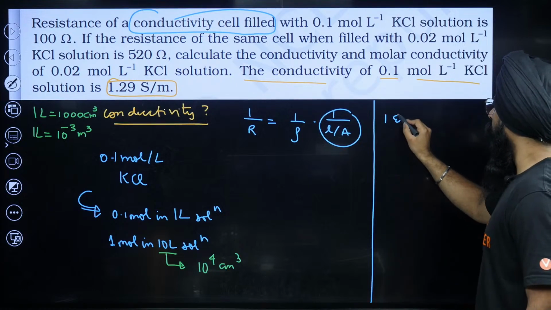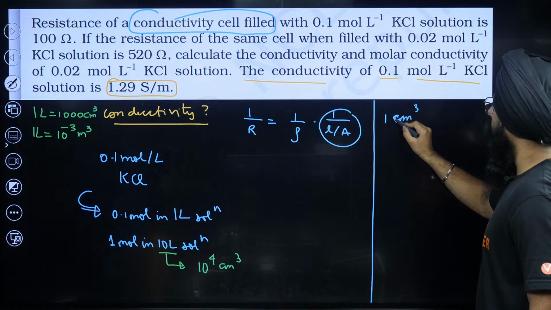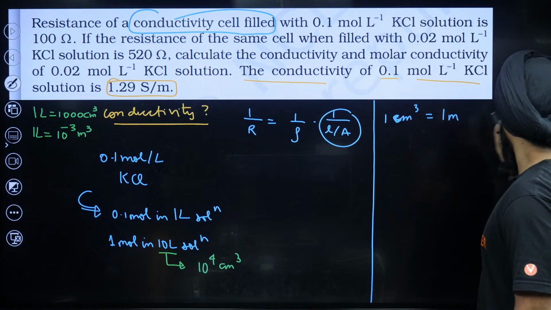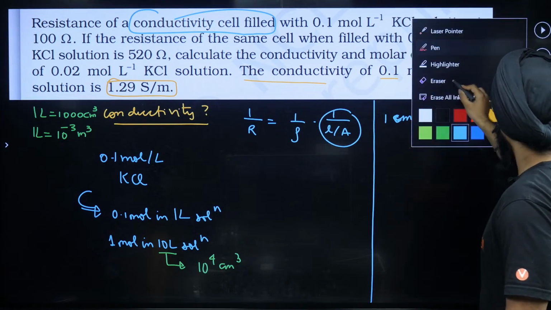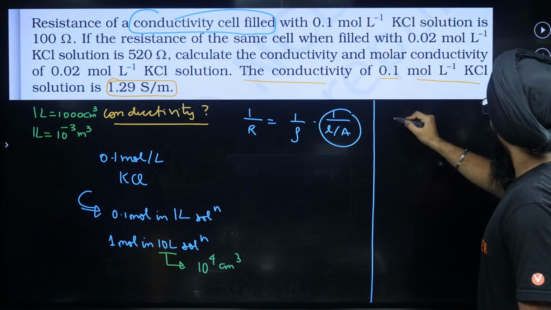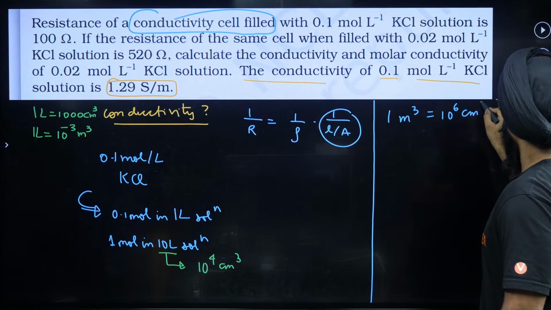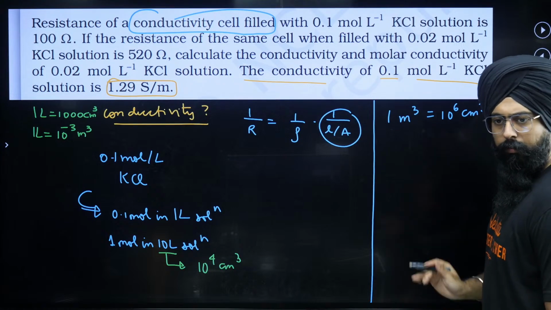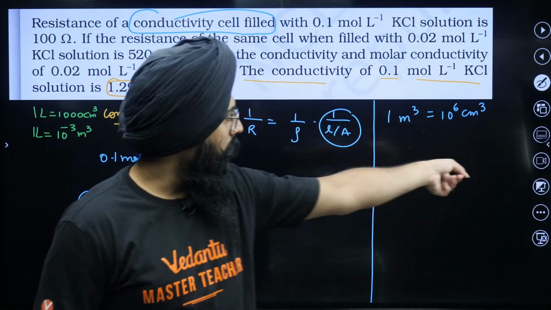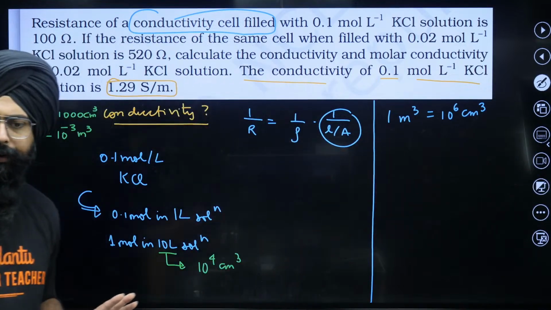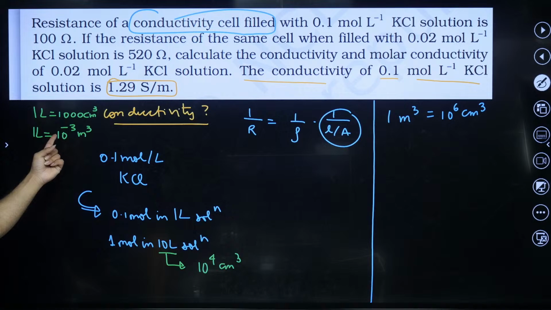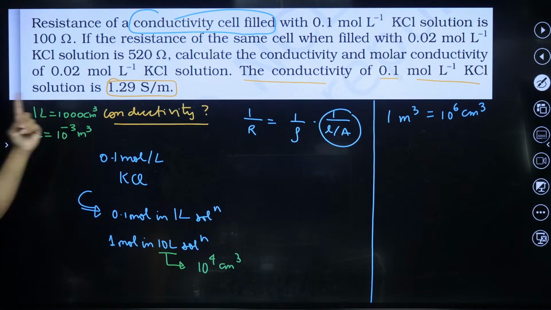Sorry, you can write 1 cubic meter is equal to 10 to the power 6 cubic centimeters. This one you understand? 100 into 100 into 100. So does this make sense to you? 1 liter is 1000 cubic centimeters. So 1 liter is basically 10 to the power minus 3 cubic meters.